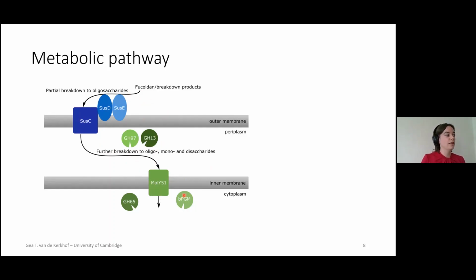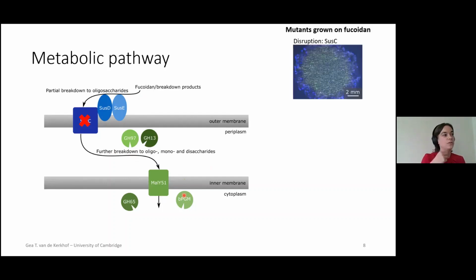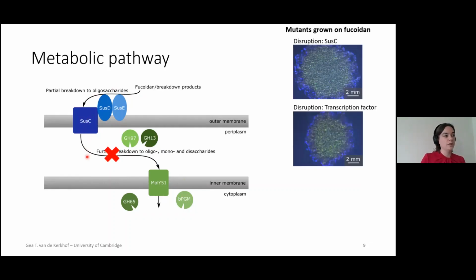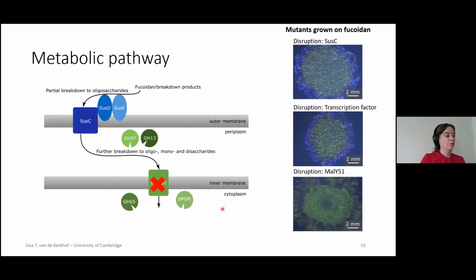And what we saw is that if we disrupt any part of this pathway, so for example, the Sus-C protein here, which acts to transport polysaccharides across the outer membrane, or if we disrupt a transcription factor that is upstream of these green proteins that you see, or if we just disrupt the inner membrane polysaccharide transporting protein, in all of these cases we lose this matte purple appearance for the colonies that are grown on phacoidin.